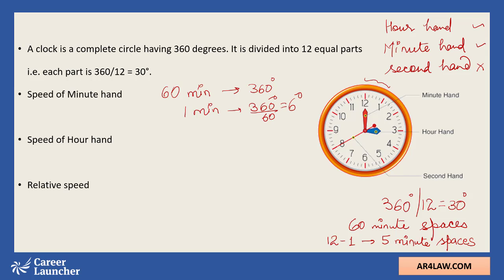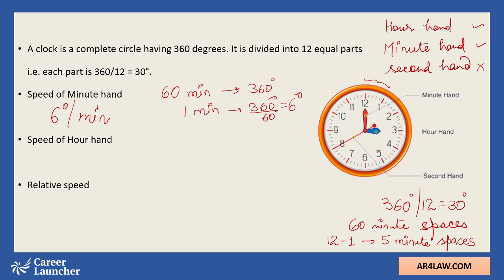The speed of the minute hand is 6 degrees per minute. This is something that you need to remember when solving clock questions. Now coming to the hour hand. If the hour hand is at 12, it would take another 12 hours to come back to 12, or to the same position.